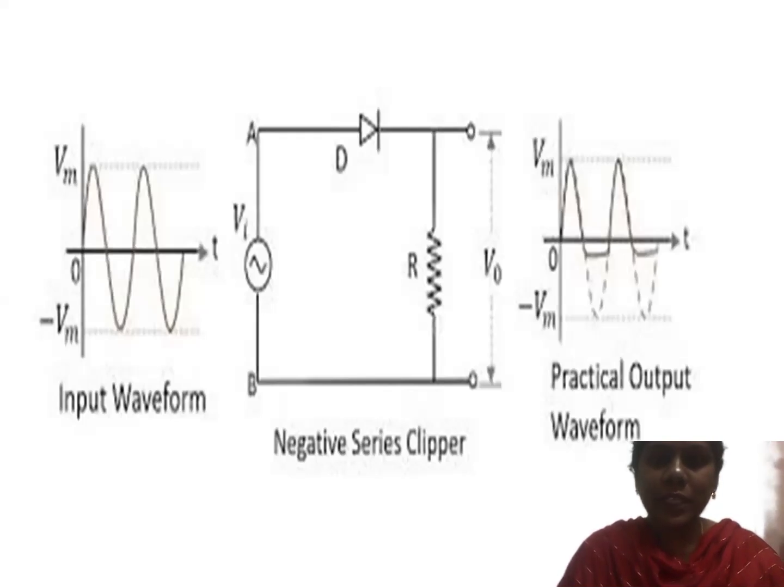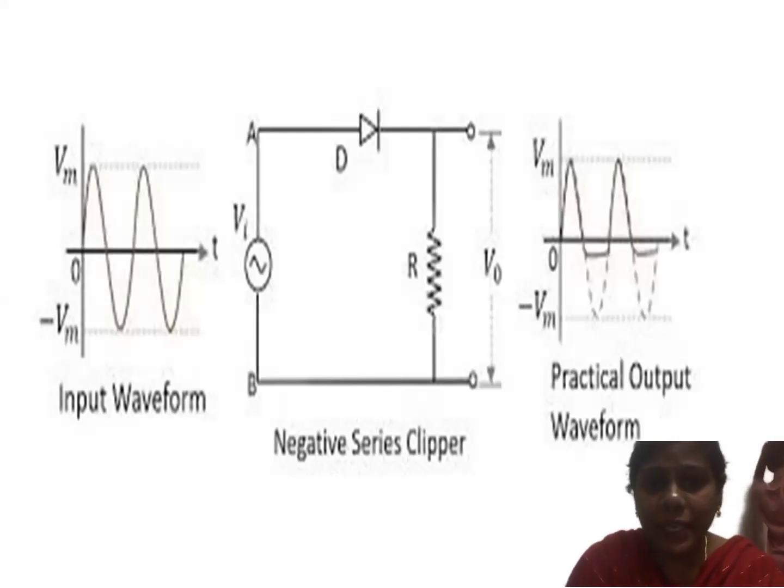During the positive cycle, the output is equal to the input, and during the negative cycle, the output must be 0, but in practice the diode acts as a practical diode. So there will be a voltage drop across this diode, and whenever it acts as reverse biased, the leakage current flows through this diode and the output will be with some negative polarity.